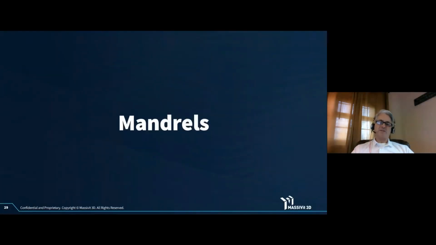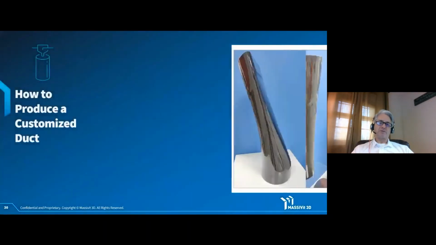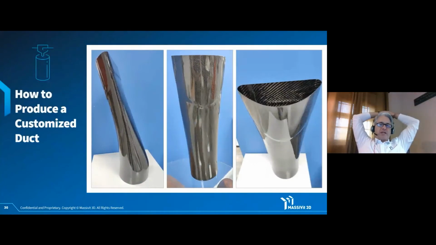Another great example of our water breakable material is to make mandrels. So if you have a mandrel that has a complex shape or different shape where you can't remove the mandrel and you need something like a collapsible core or a washout core, our material is ideal for that also.